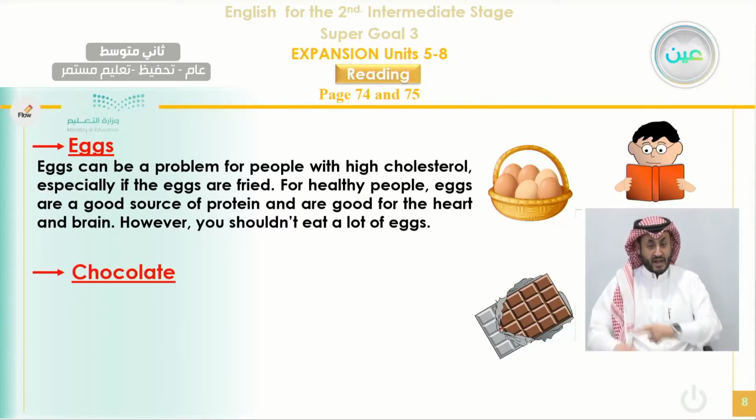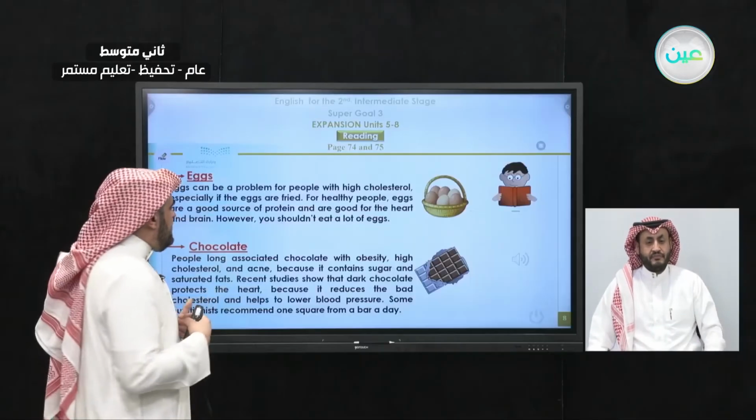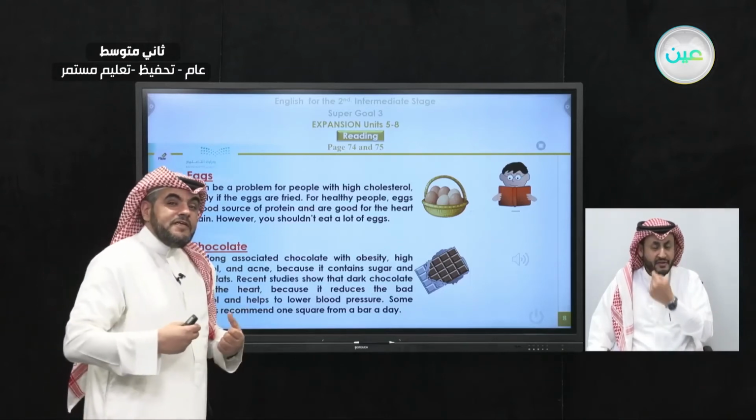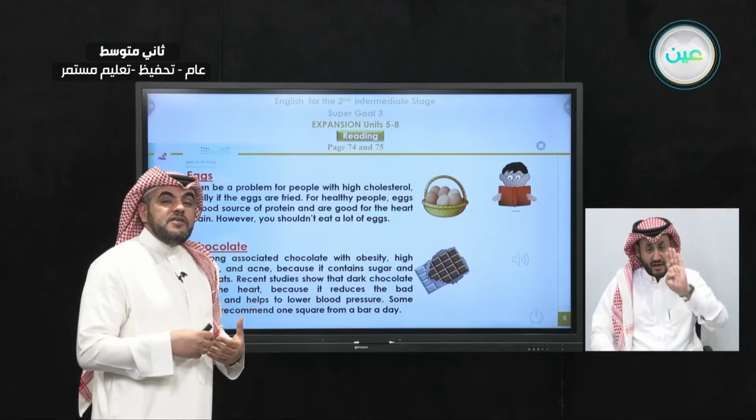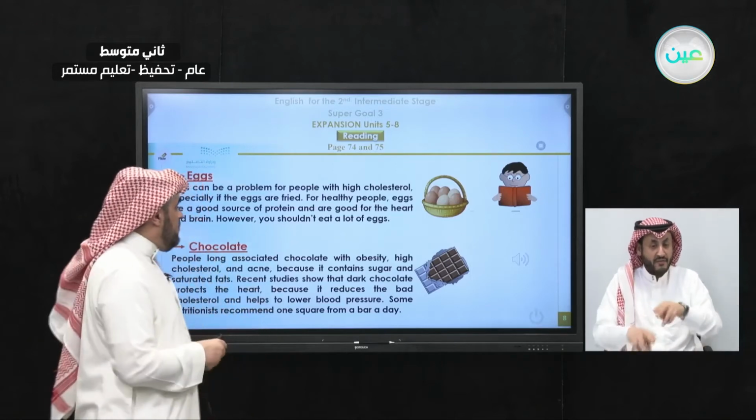Next is chocolate. What is chocolate? Many youngsters like chocolate, but let's read and find out the use of this kind of food. People long associated chocolate with obesity, high cholesterol, and acne. People before thought that obesity is when somebody is overweight. Okay, that is what obesity is.